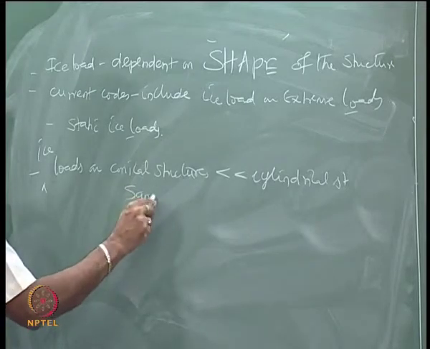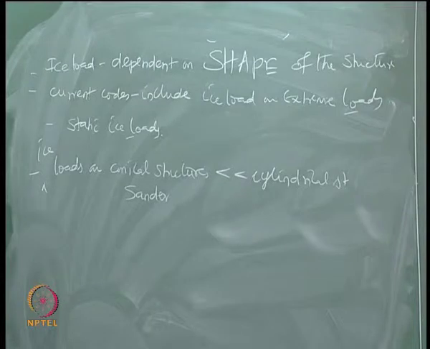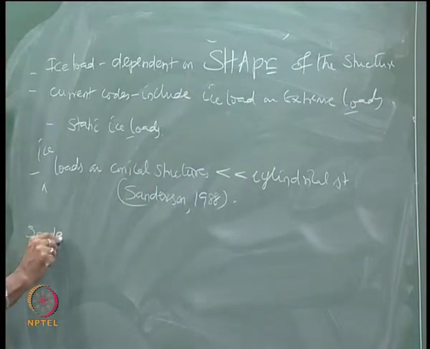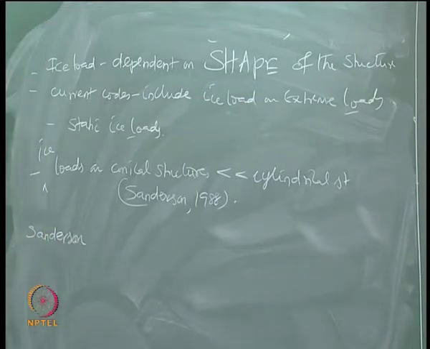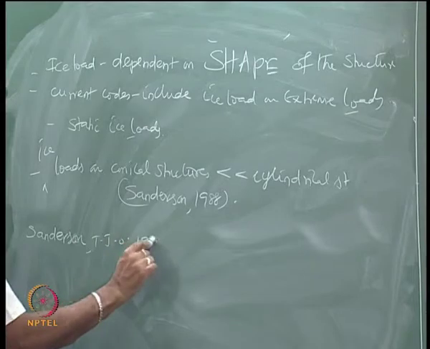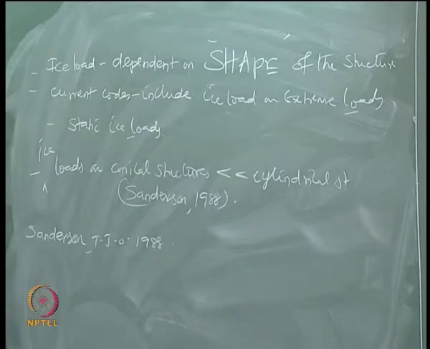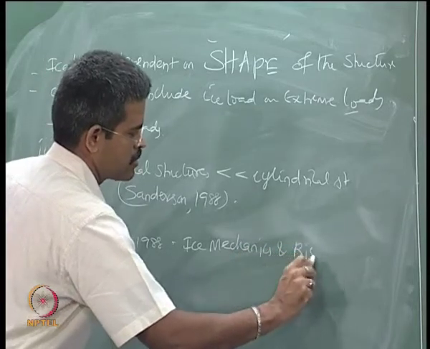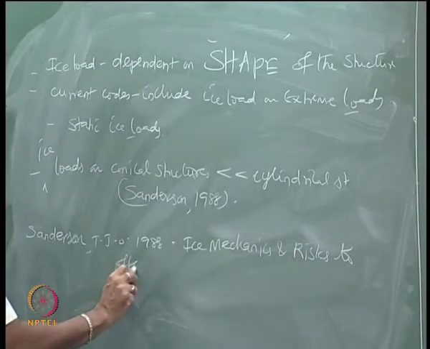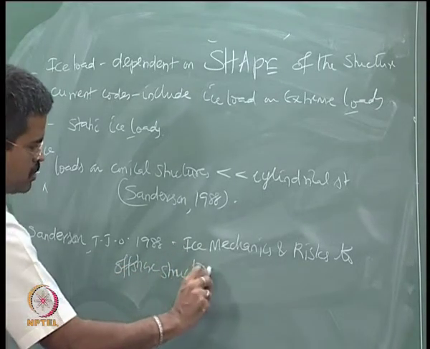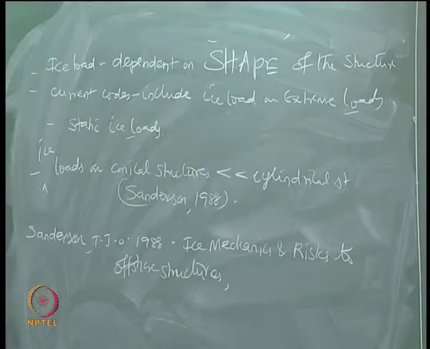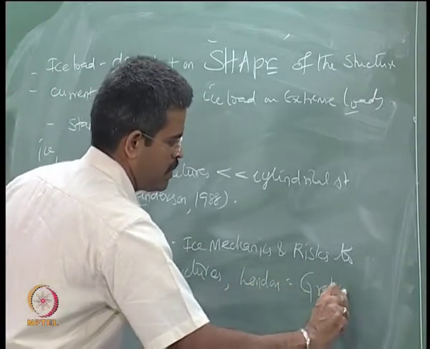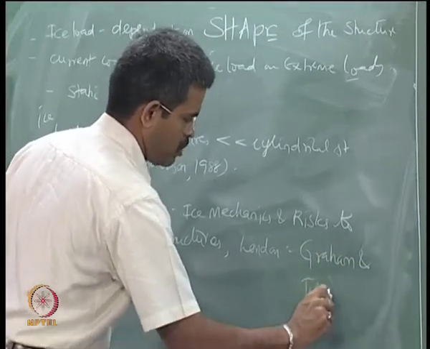Reference can be Sanderson 1988, Ice Mechanics and Risks to Offshore Structures, London, Graham and Trotman Limited.